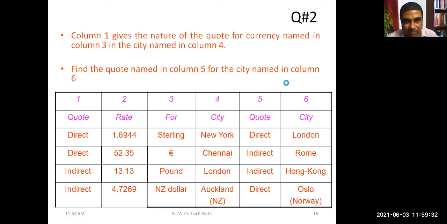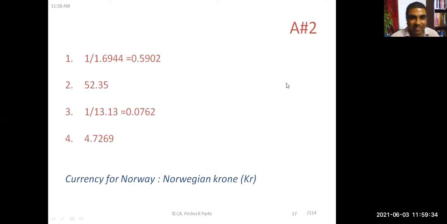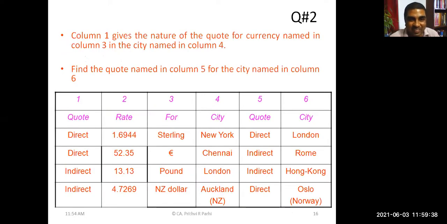Now let us see, fast answer. What is asked? 1.694 for sterling, for sterling in the city of Newark. It's a direct quote. Can you express this quote? This is a direct quote for Newark, which means home currency by foreign currency.